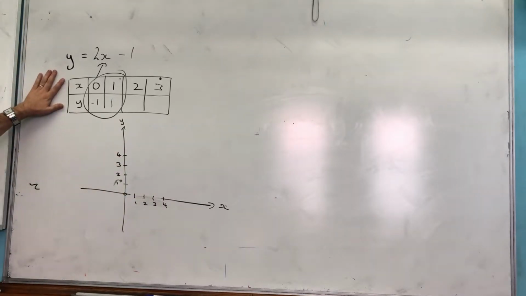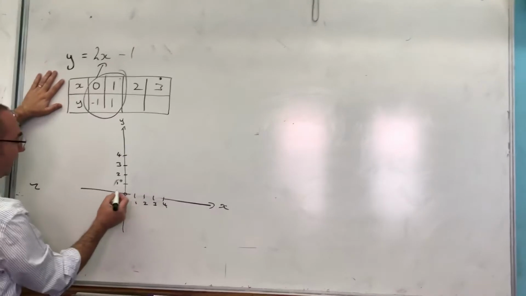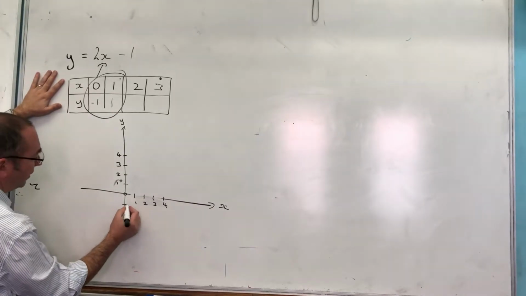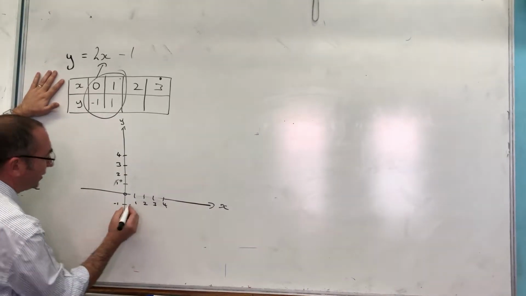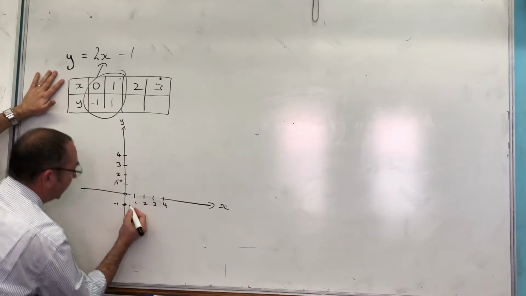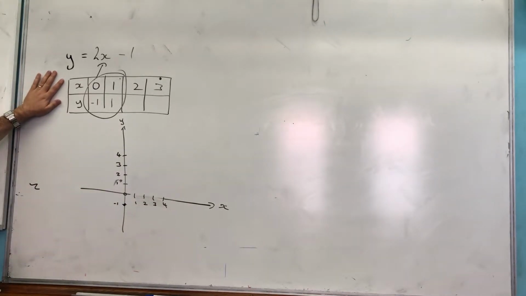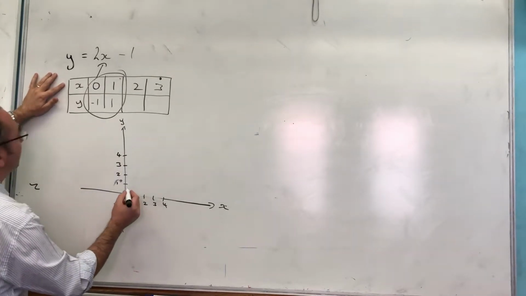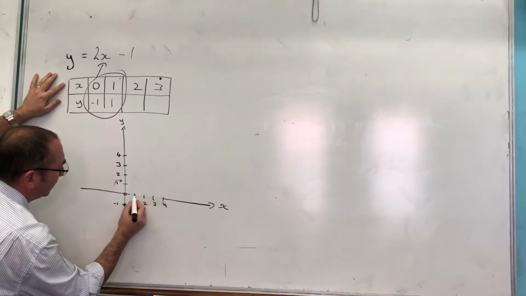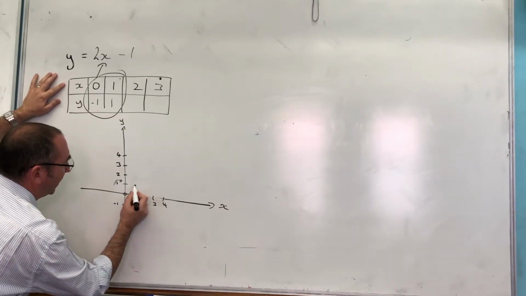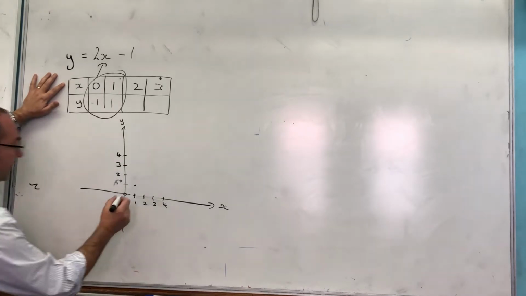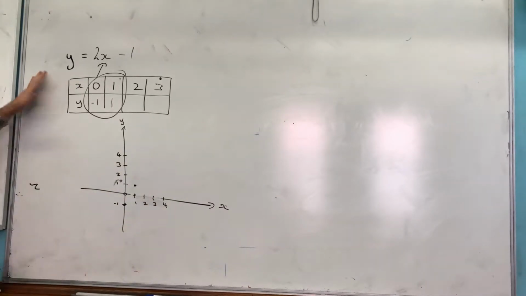What are the 2 points? We have where x equals 0, y is down here at minus 1, so that is a point on our graph. And where x equals 1, y is up here at 1. Okay, so that's the second point on our graph.